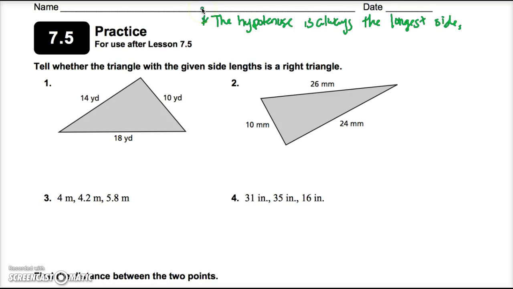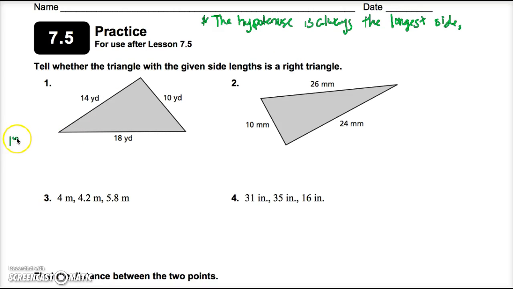So let's look at number 1. I have 14, 10, and 18. So if I am truly going to figure out if this is a right angle or not, the way I would set up my equation, the only thing that matters is, since 18 is the largest number, it has to be put in place of the C in the equation.